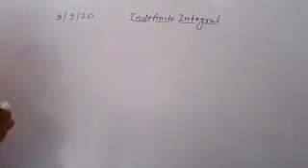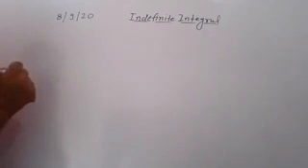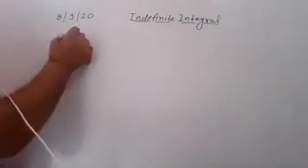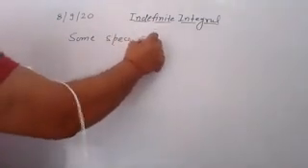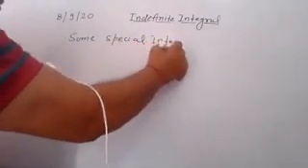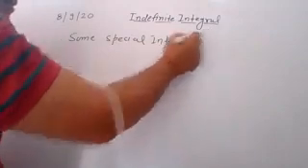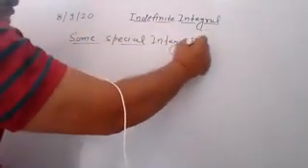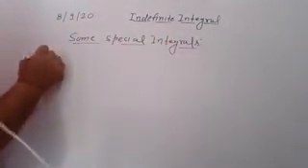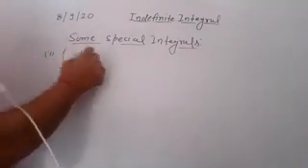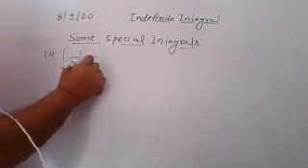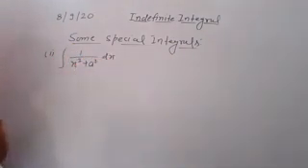Okay, now write the first integral, which is 1 upon x square plus a square dx.